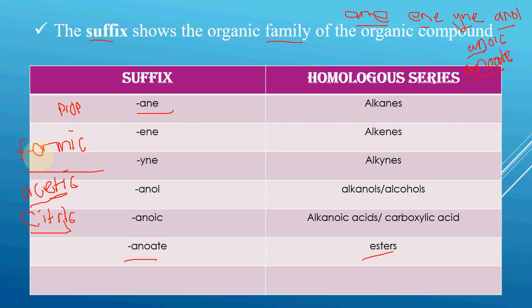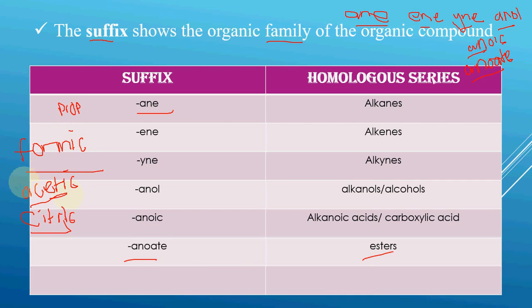That's the reason why we are coming to this lesson, so that we understand the standardized way of naming these organic compounds that is internationally accepted. Formic is a trivial name. Formic is the traditional name for methanoic acid. It is the acid that is found in the venom of ants.